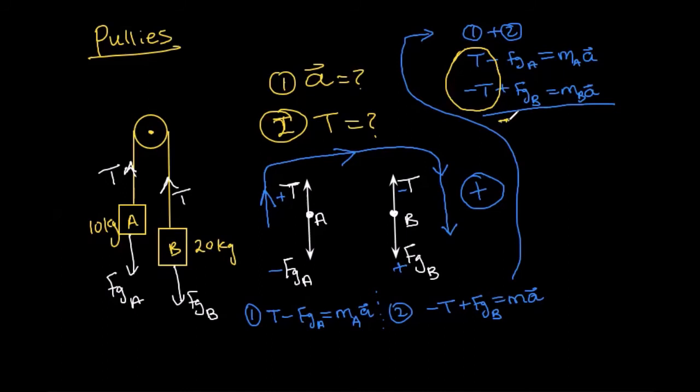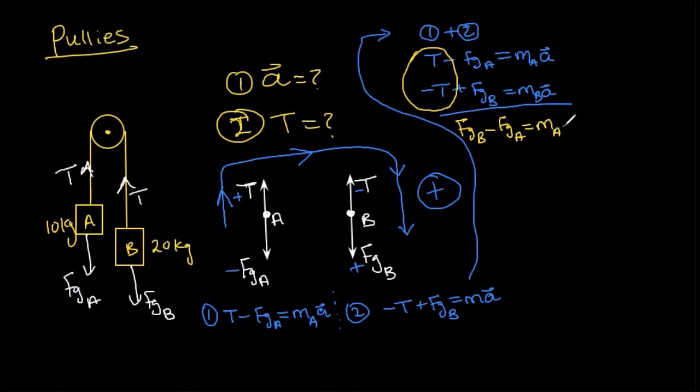positive Fg of B, and then the negative force of gravity of A, which equals the mass of A plus mass of B. And then obviously to find the acceleration, you can factorize the acceleration out.